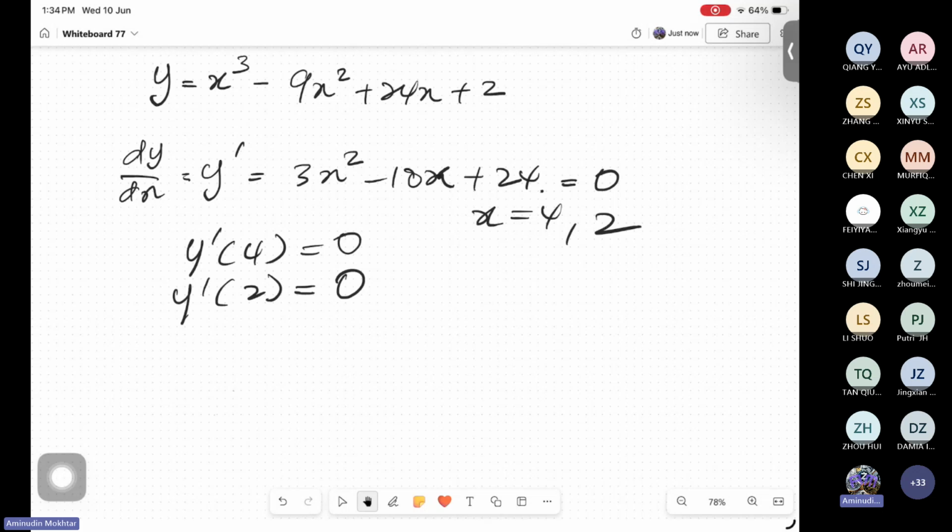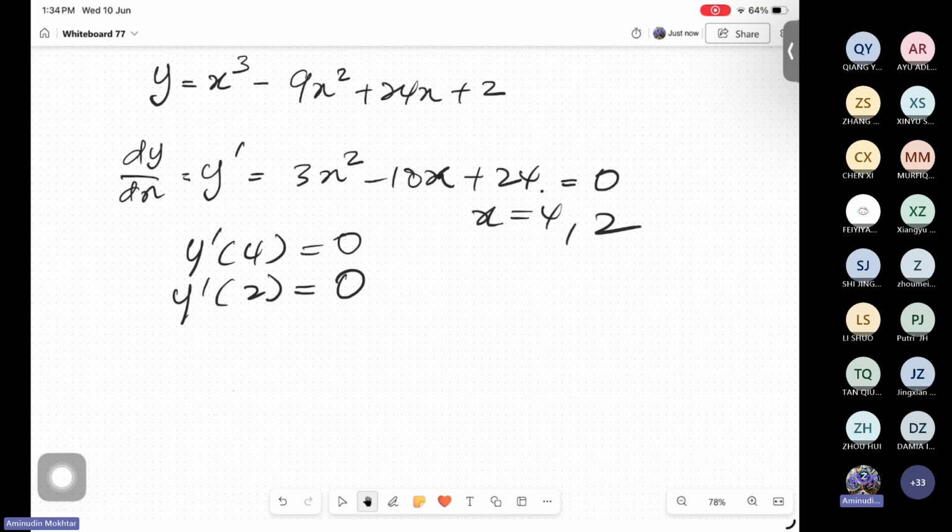Based on this concept, we can conclude that when x equals 2 and x equals 4, the slope is 0.